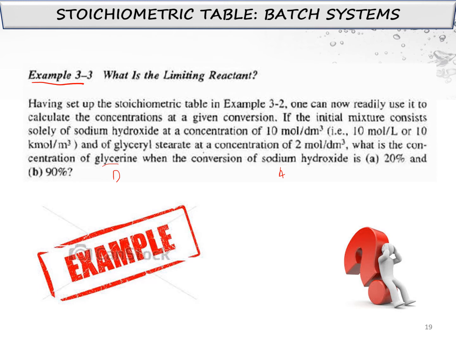So it is given the value of X. Also the question gives you the value for CA0, the initial mixture consists of A, which is 10 mole over decimeter cube, and also glycerol stearate, which is B, CB0 equals to 2 mole over decimeter cube. So you need to get the concentration of CD.